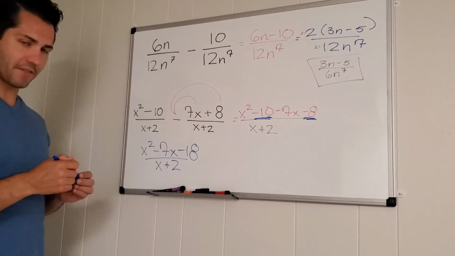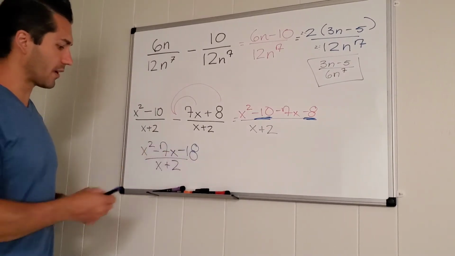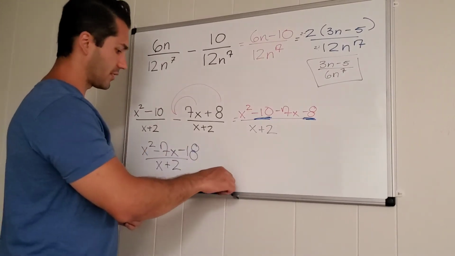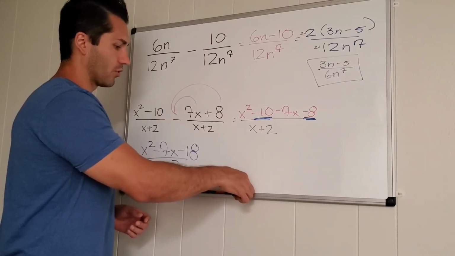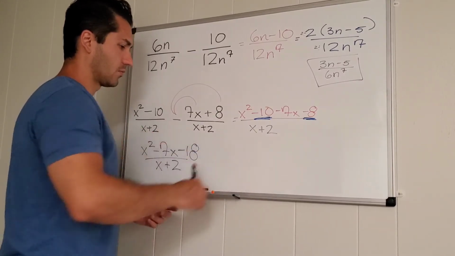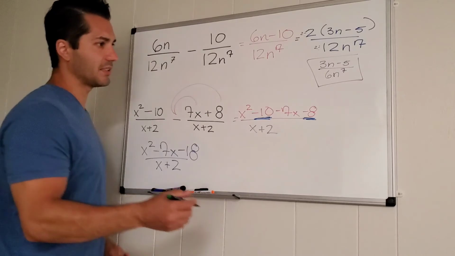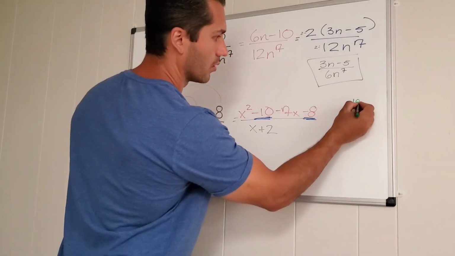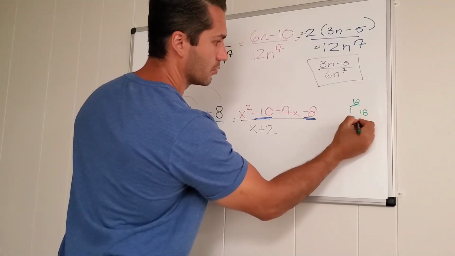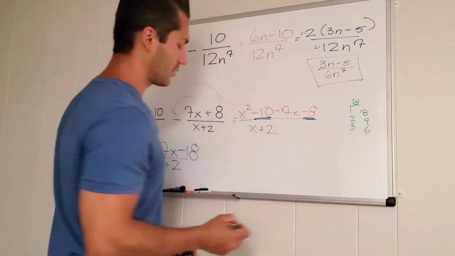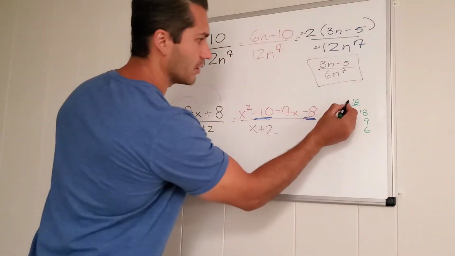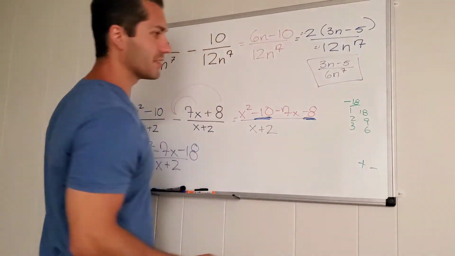That's going to be basic factoring, that numerator. Things that give you negative 18. I haven't done this in a while, so let's make the list. Things that give you 18. 1 times 18, 2 times 9, 3 times 6. You want a negative 18, which means one's positive, one's negative.